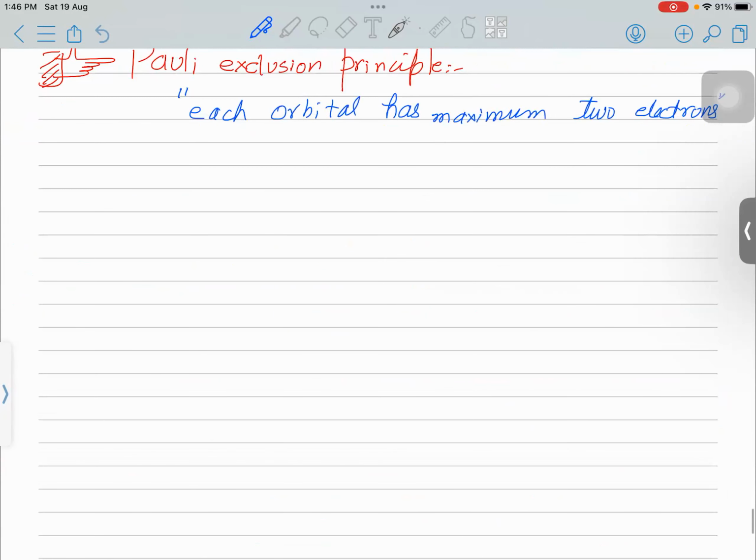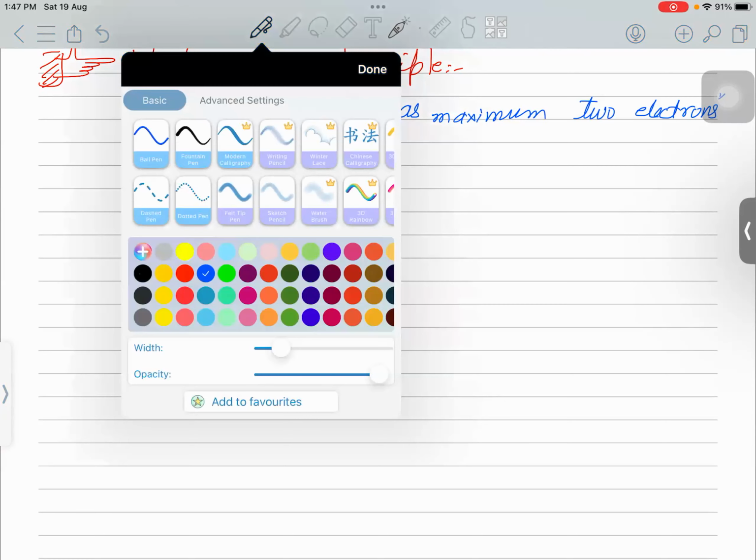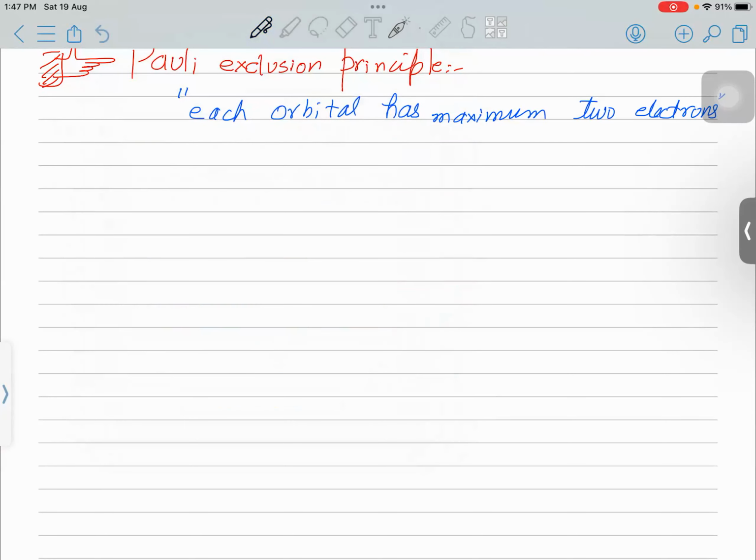Now, the last topic is ionization energy.